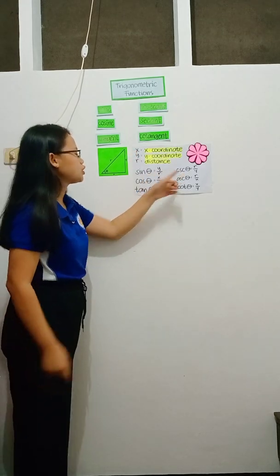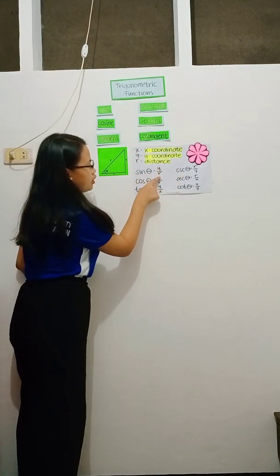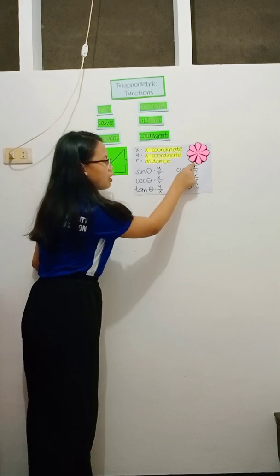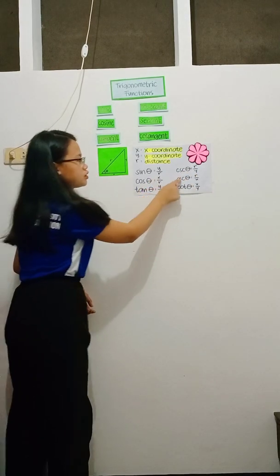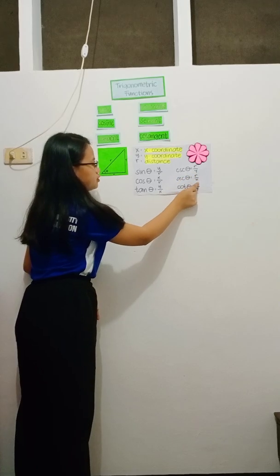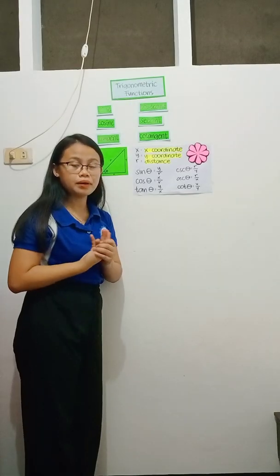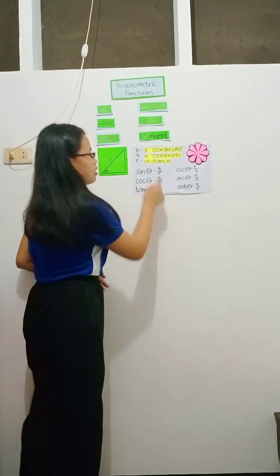For cosecant, as you can observe, sine is y over r, so cosecant is r over y. From cosine, x over r, secant is r over x. They are just reciprocals, right? They are flipped.